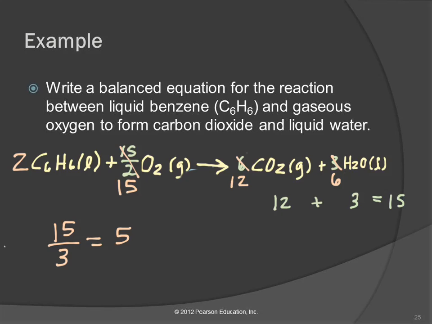But 15 halves ends up being 7.5, which is not a whole number, and that's why we have to multiply. Equations can be balanced without being whole numbers, or without being the lowest whole numbers. But the best form of the equation is the lowest coefficients that are whole numbers.